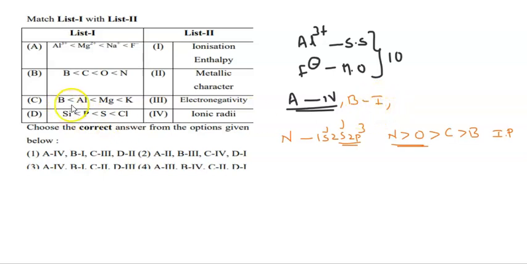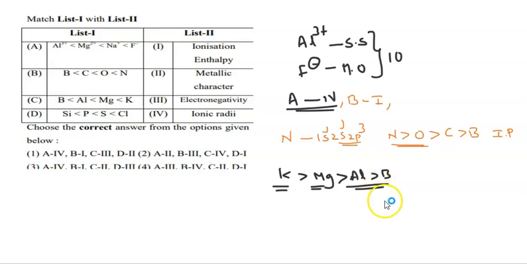Now boron less than aluminum less than magnesium less than potassium. It is one order given. For this one, the correct phenomenon is metallic character. Potassium has more metallic character when compared to magnesium, because potassium is a 1A group element and magnesium is a 2A group element, and then aluminum is a group 13 element, and boron is also a group 13 element.